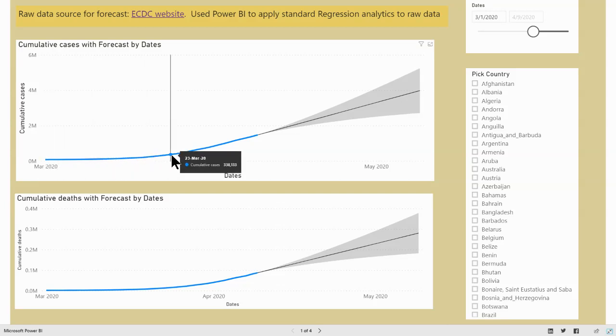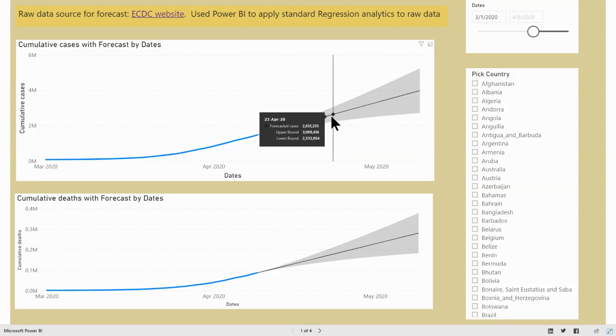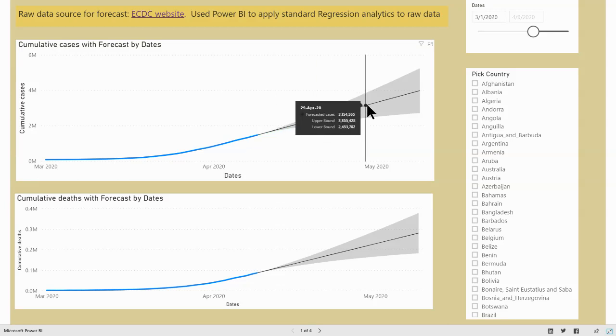And then as you move along the chart, you would see the number of cases increasing significantly. I use Power BI to generate the forecast, and it uses standard regression analysis to generate that. So by the end of April, the forecasted number of cases on average should be around 3.2 million worldwide.